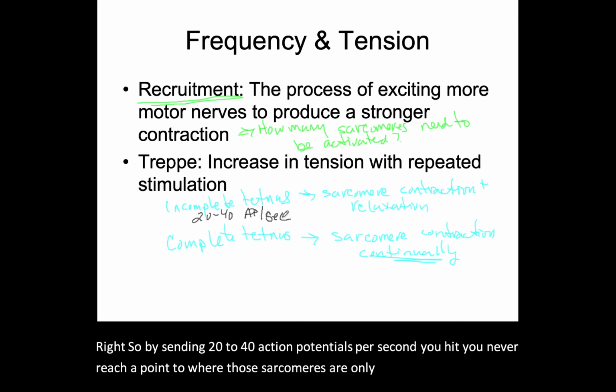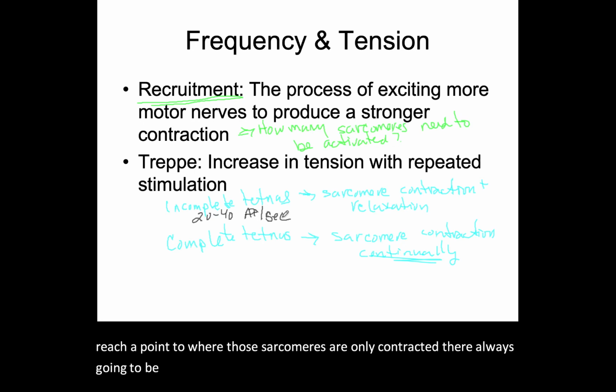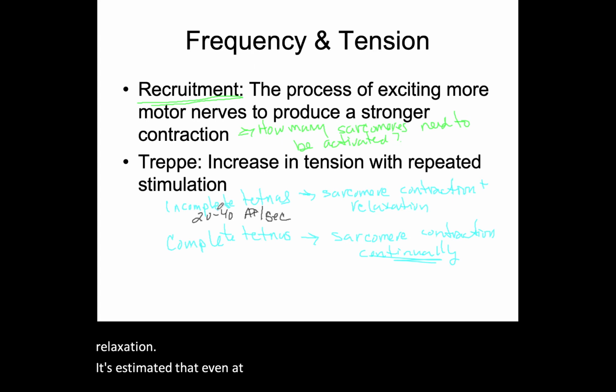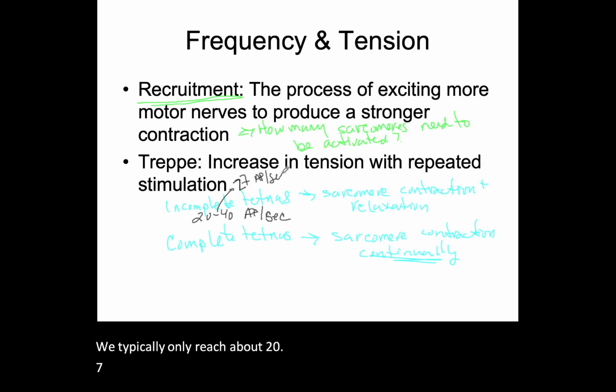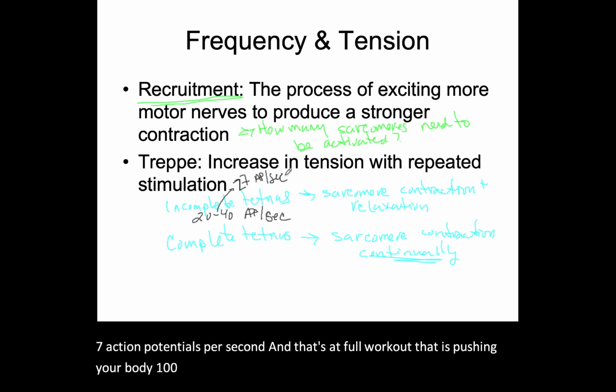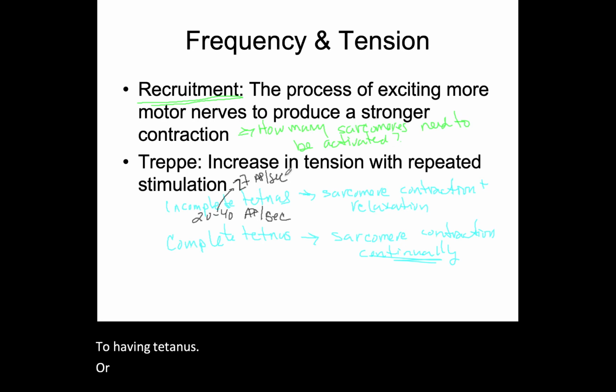They're always going to be contracted and then relax, contracted and then relax. It's estimated that even at full workout strength, we typically only reach about 27 action potentials per second. And that's at full workout, pushing your body 100% during a workout. So we don't even come close to having tetanus, or this complete seizing of the muscle.